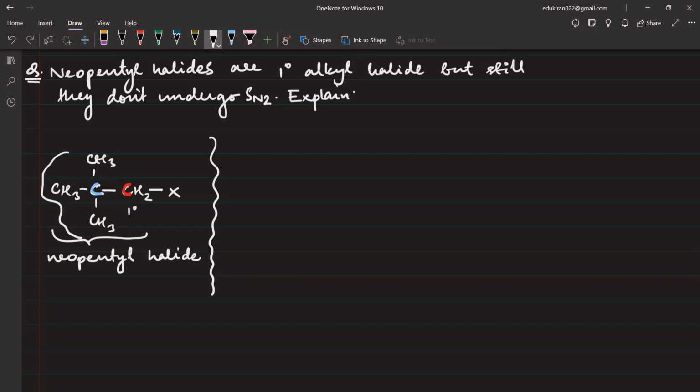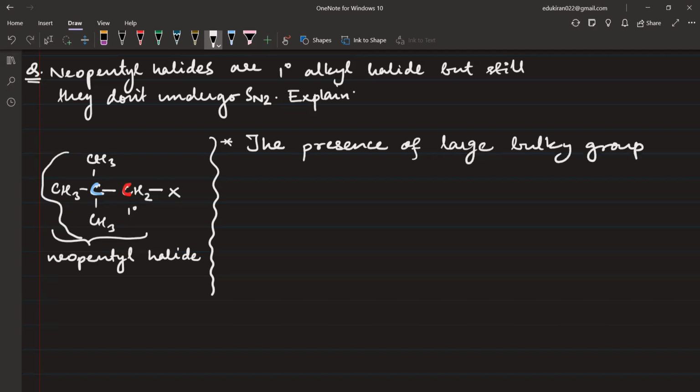Okay, so please write the presence of large bulky group. What is that large bulky group? The large bulky group is CH3, carbon with CH3, another CH3. Okay, this is the large bulky group.